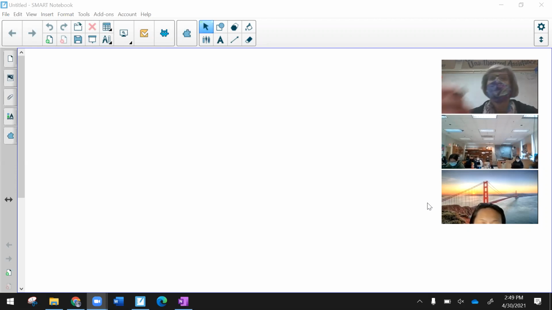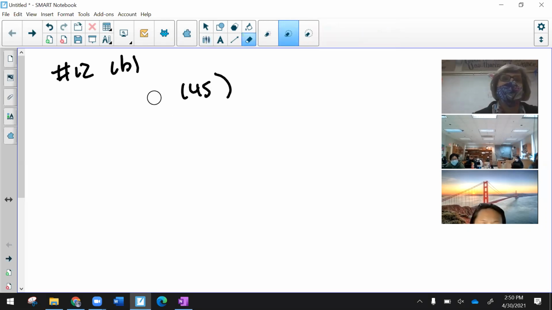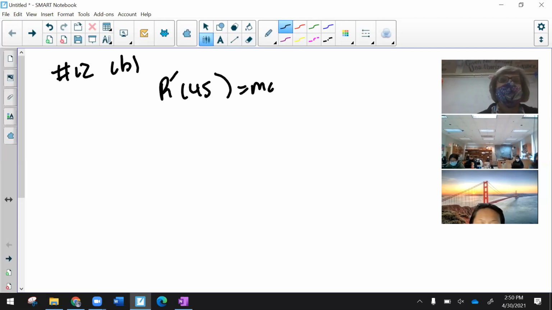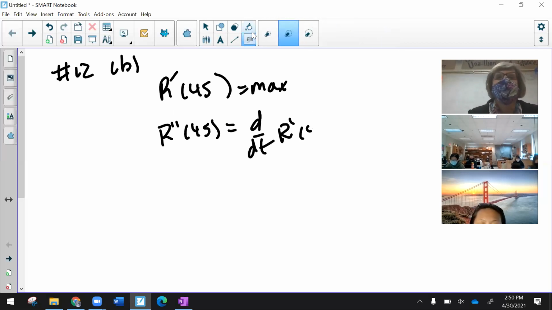So the way to look at it is, this is number 12, part B. If R prime of 45 is a max, then remember that R double prime of 45 is the derivative of R prime.